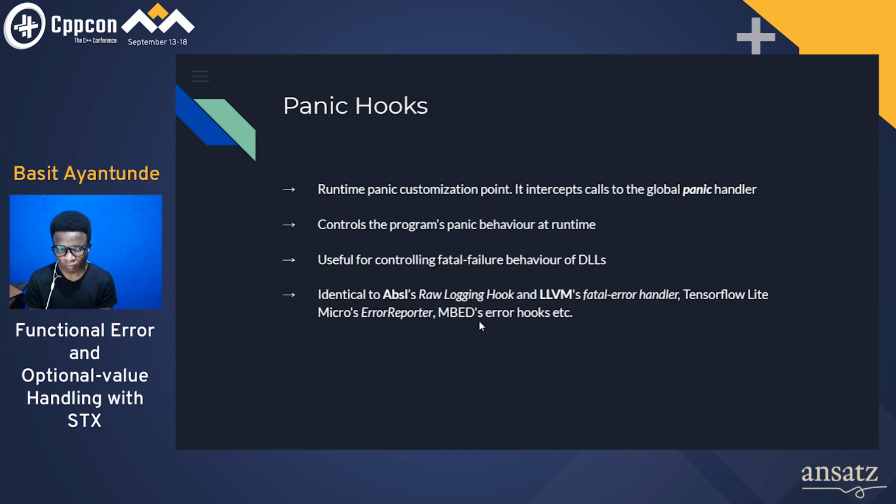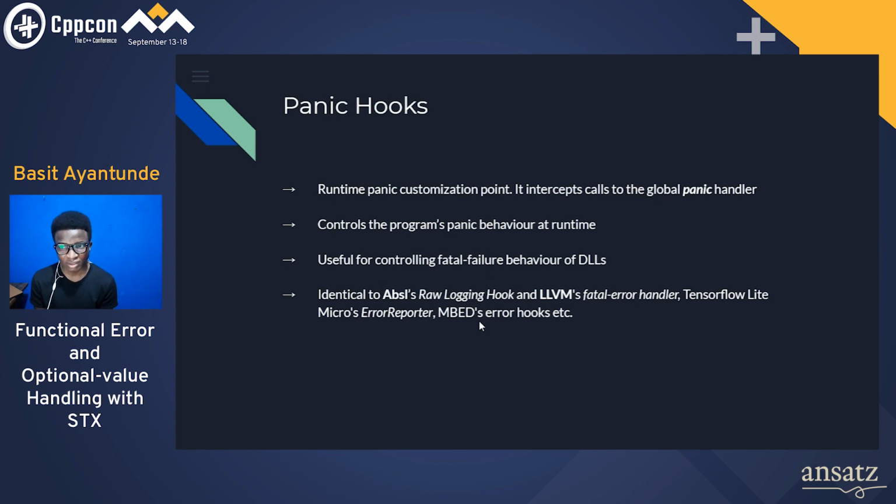If you need a more dynamic panic behavior that you can customize at runtime, you can use panic hooks, which work similarly to the panic handler. This is especially useful for dynamically loaded libraries where you don't want the DLL to decide how to abort the program.